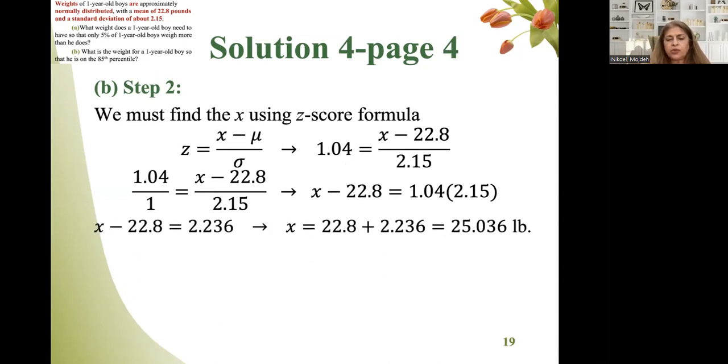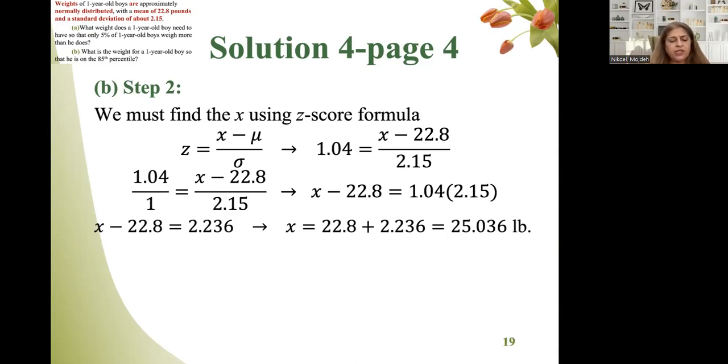The product is 2.236. I add 22.8 to both sides. I get 25.036. So if the weight of a 1-year-old boy is approximately 25 pounds, he is going to be at the 85th percentile.